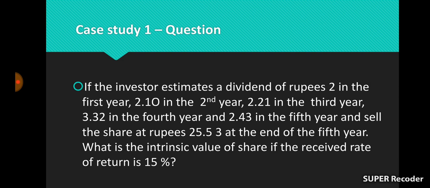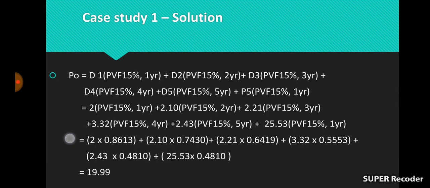So we can easily apply the equation, that is P0 is equal to D1 into present value factor at 15% in the first year, plus D2 into present value factor at 15% in the second year, plus D3 into present value factor at 15% in the third year, plus D4 into present value factor at 15% in the fourth year, plus D5 into present value factor at 15% in the fifth year, plus P5 into present value factor at 15% in the fifth year.